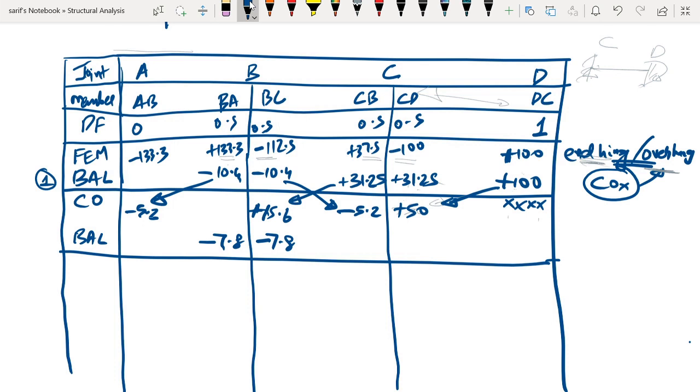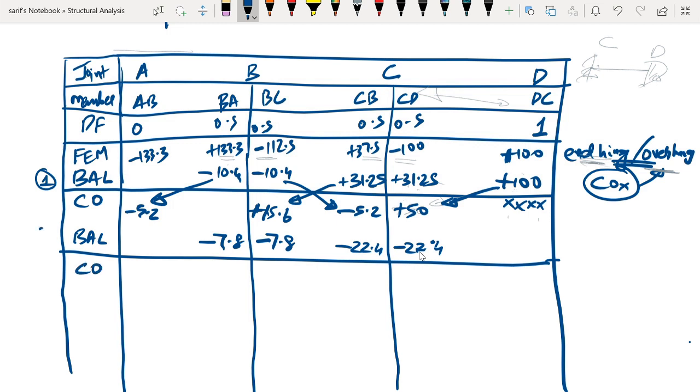Now the net unbalanced moment at C is 50 minus 5.2, which is 44.8. To equilibrate it, we have to apply minus 44.8, and that will be distributed in the ratio of their distribution factors, that is minus 22.4 each.